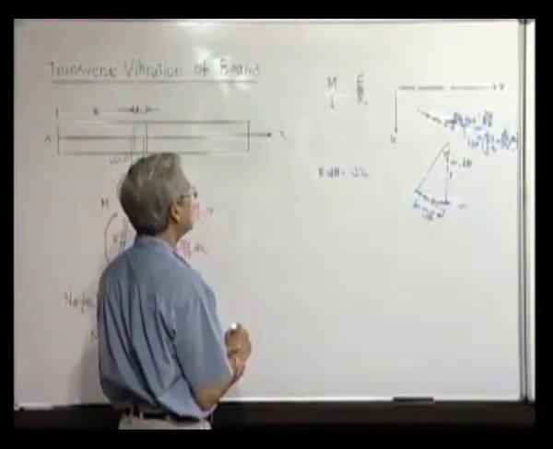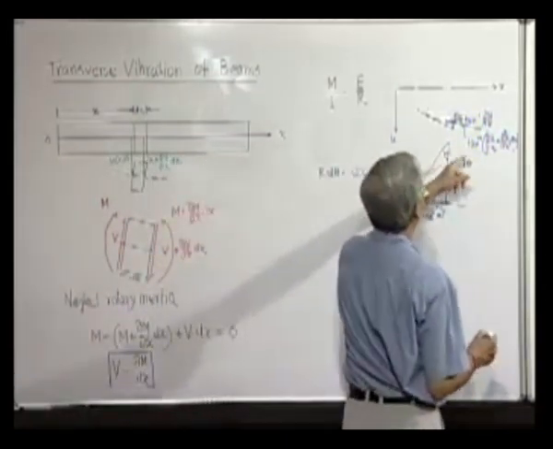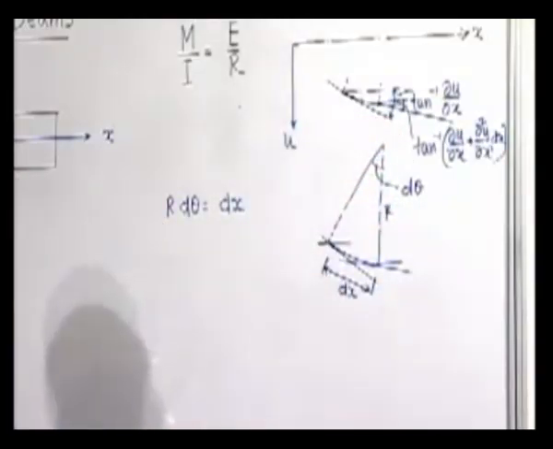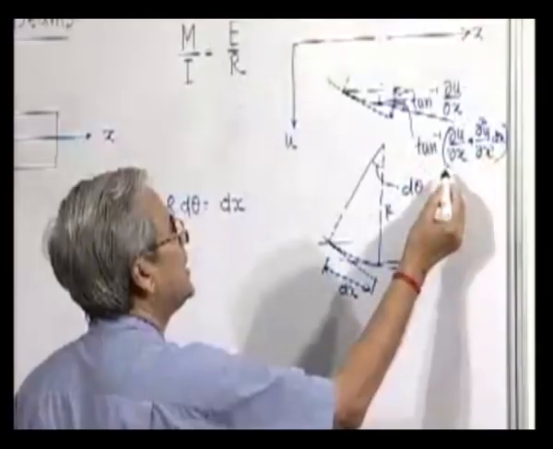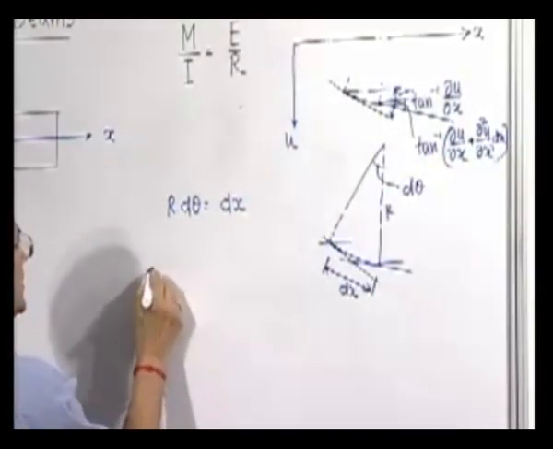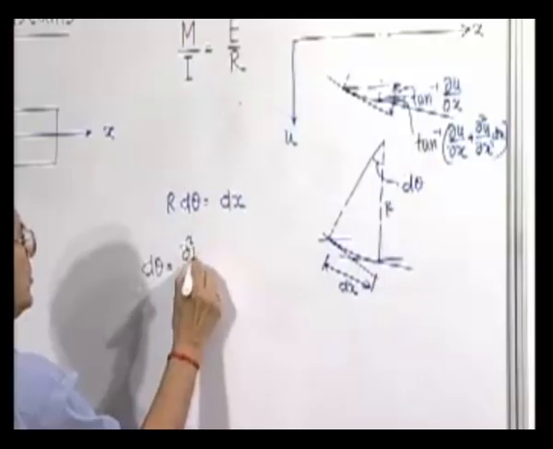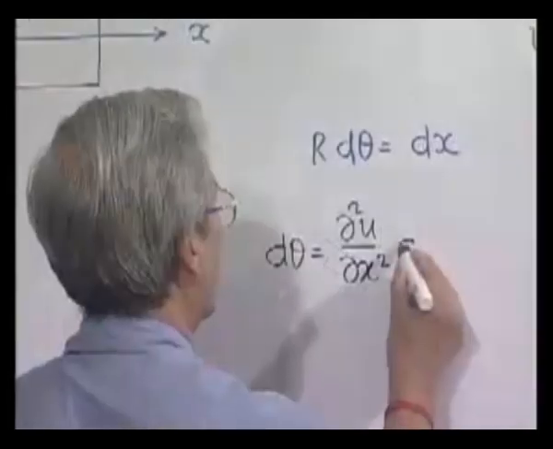Now in terms of u, since these angles are all very small, we can always write tan theta is equal to theta. So the difference between this and this, that is d theta, will be ∂²u/∂x² into dx.